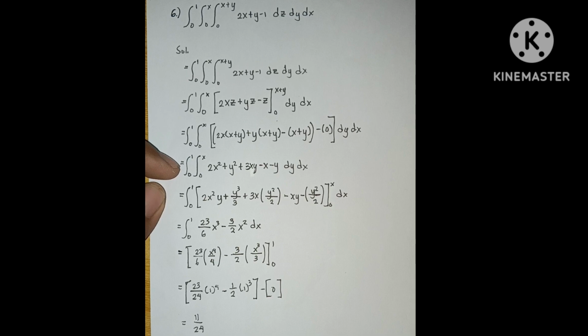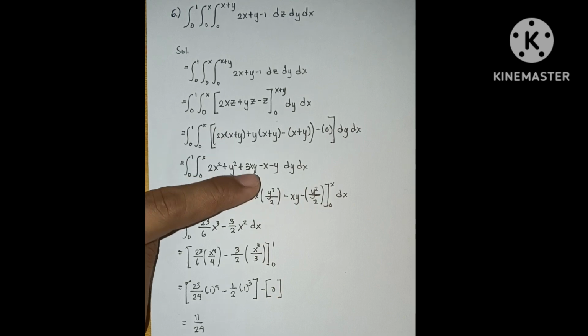So for the next step, we have the integral from 0 to 1 and the integral from 0 to x. We multiply the 2x, so we have 2x squared, and this is 2xy, and this is y.